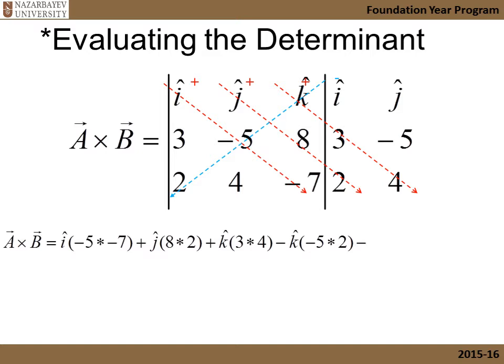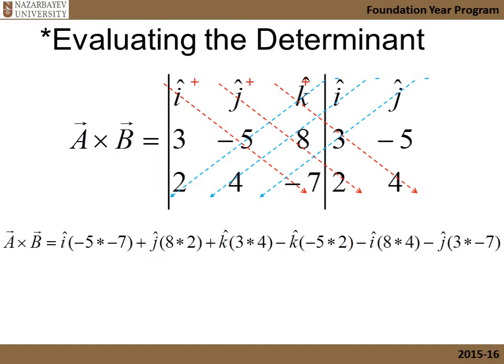Then we subtract our second subtracting diagonal, and this will be minus i times 8 times 4, and minus our third diagonal, which is j times 3 times minus 7.